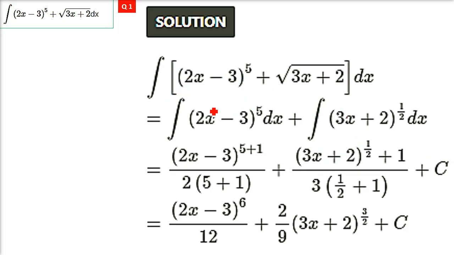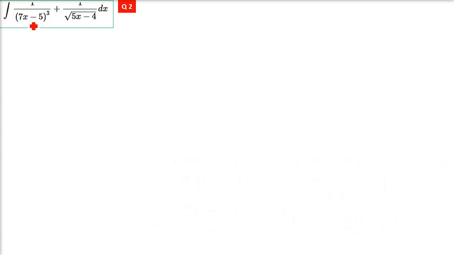So this is the starting point, and all the questions which are coming out are more likely like this only, and the simple formula has to be used. Now we have 1 by (7x minus 5) whole cube plus 1 by under root (5x minus 4). So we have to integrate here. When we integrate this, it will be equal to the integration of this (7x minus 5) whole cube goes up, so (7x minus 5) raised to minus 3. 1 by x raised to n is x raised to minus n.